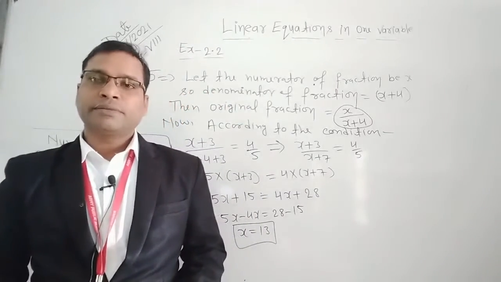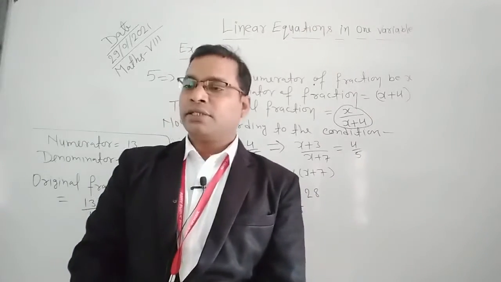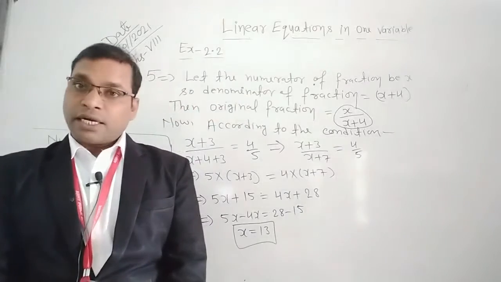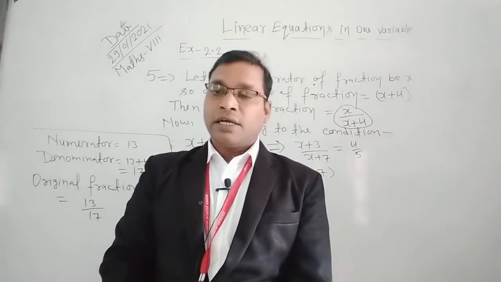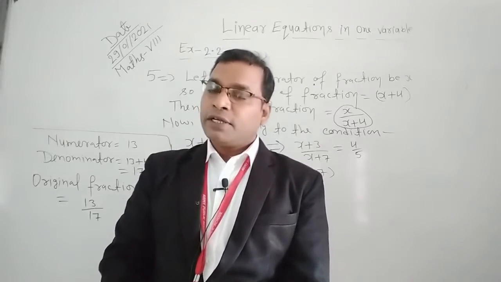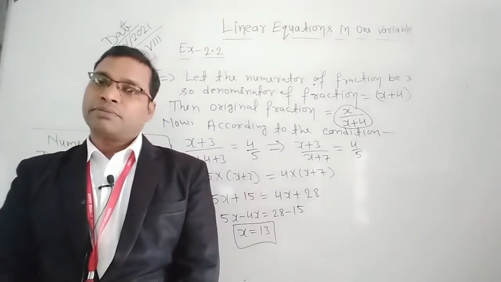So in this case, we first let the numerator of the fraction be x. According to the question, its denominator is 4 more than its numerator. So if we let numerator be x, the denominator is equal to x plus 4.